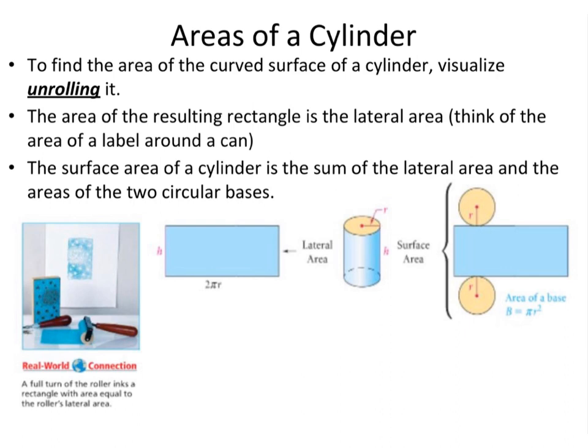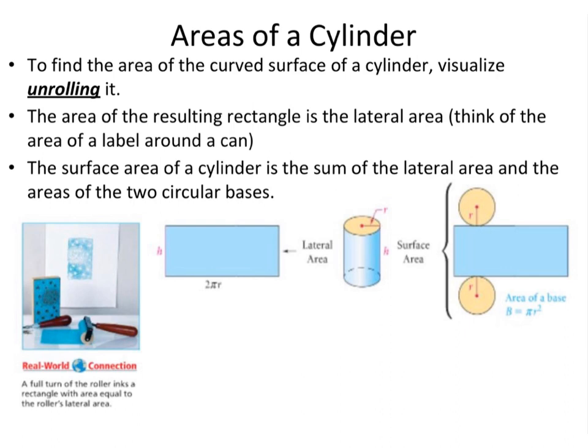Now, in order to calculate the area of a cylinder, the first thing we have to visualize is the lateral area. You almost want to think of it as unrolling the wrapper around a cylinder. The area of the resulting rectangle is what we call the lateral area.